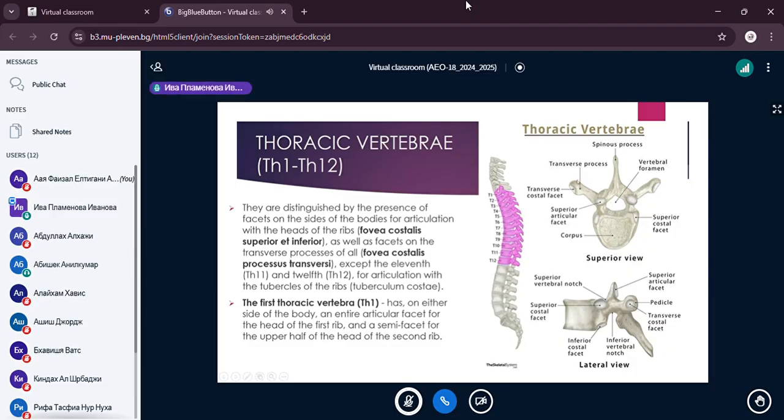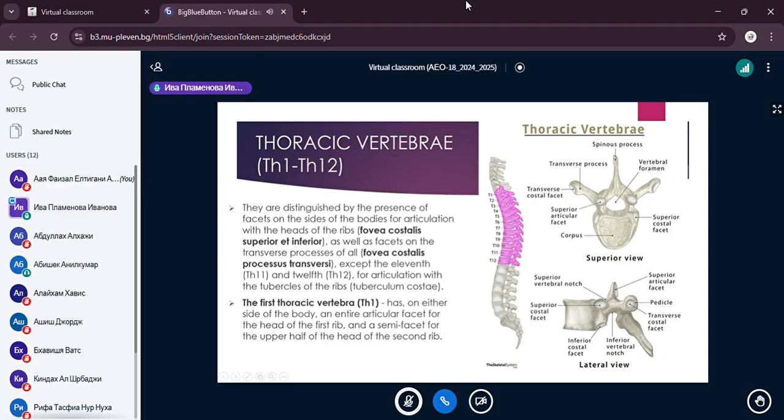What are the specific things for the thoracic vertebrae? Here we have the body, which is larger than the body of the cervical vertebrae. Corpus vertebrae or vertebral body. Again, we have an arch with lamina arcus vertebrae.